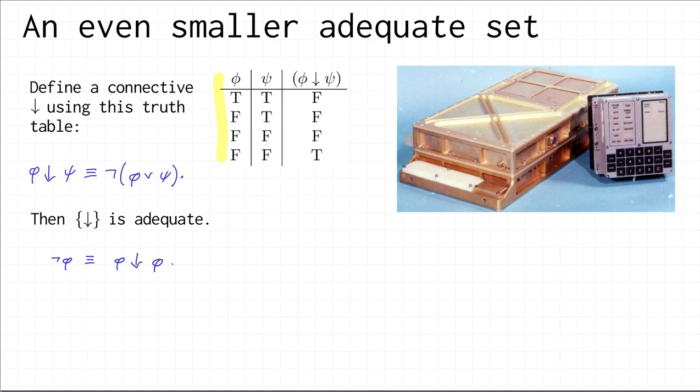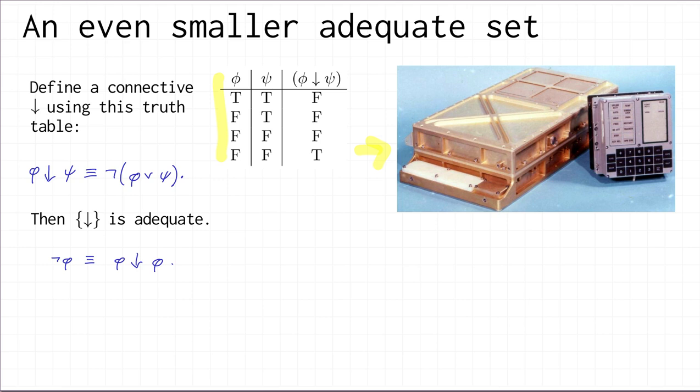Okay, well, why should we care about this one element adequate set? Why would that be interesting? Well, on the right of the picture there, you have the Apollo guidance computer and the user interface to the Apollo guidance computer. The gold bit is the actual computer. That is the thing which did the navigational calculations during the first manned mission to the moon in 1969.